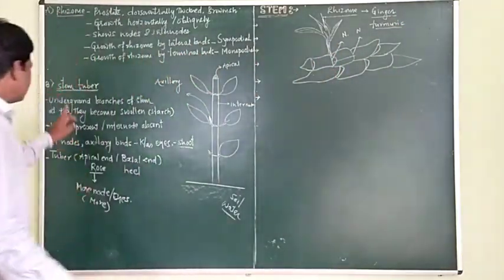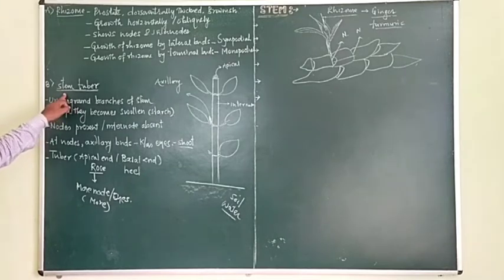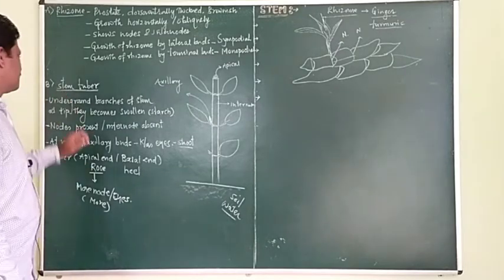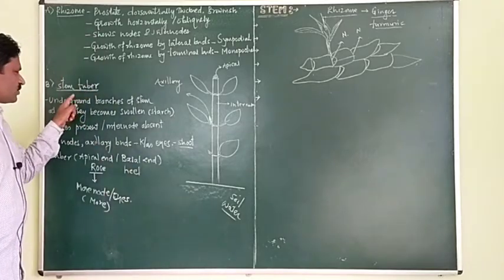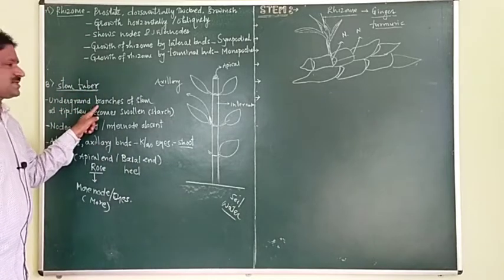The second underground modification is the stem tuber. Now the stem tuber shows underground branches of the stem.